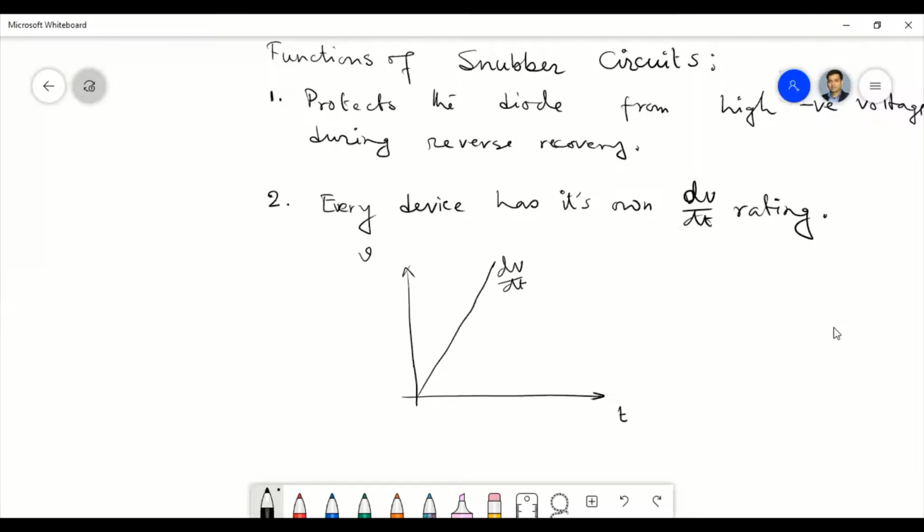Now, if we apply this snubber circuit, or this capacitor in series with the resistance with this particular device, then the resultant dVdt can be reduced like this.